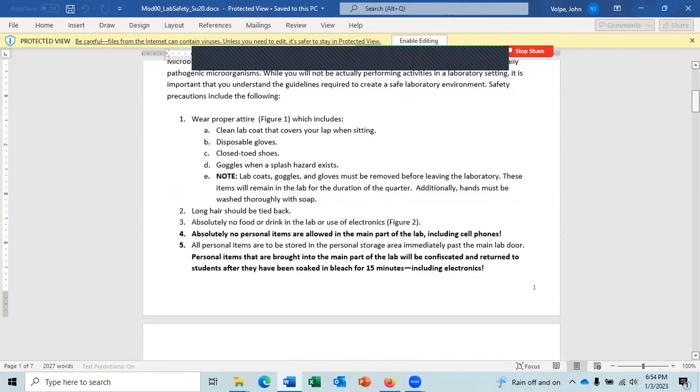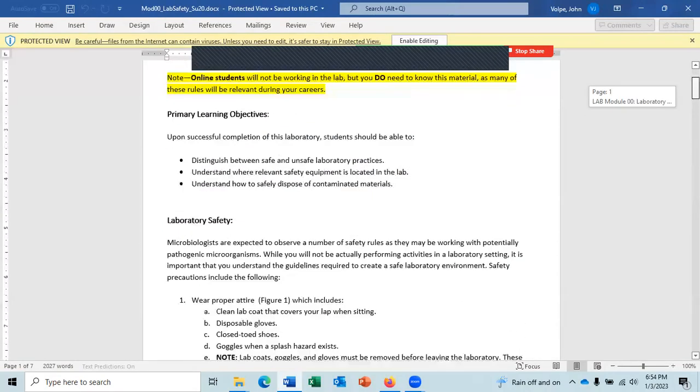So the learning objectives are: distinguish between safe and unsafe laboratory practices, understand where relevant safety equipment is located in the lab, and that one's not so important for the online lab, and understand how to safely dispose of contaminated materials, and then where to put them.